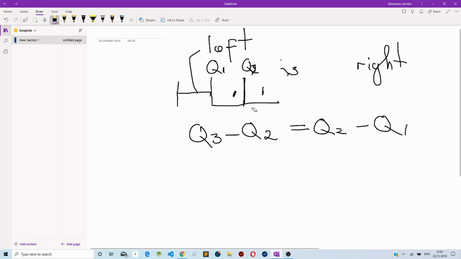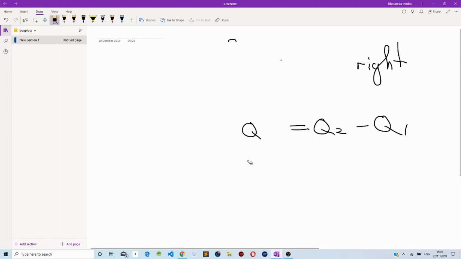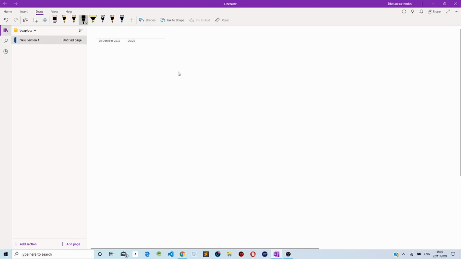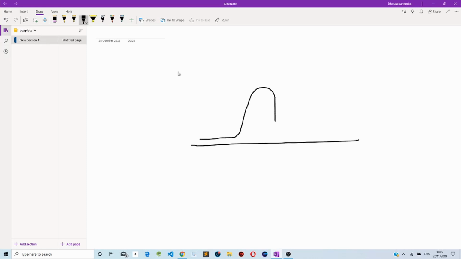Now we are going to look at the next type of skewness. Now we are going to take a look at a positive skew.